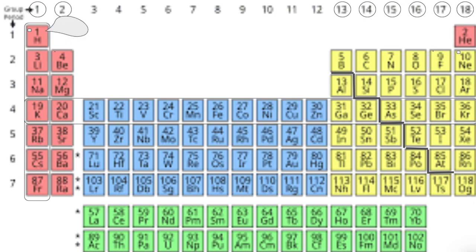And they're unstable. They are very unstable because they would give up their electron for anything.